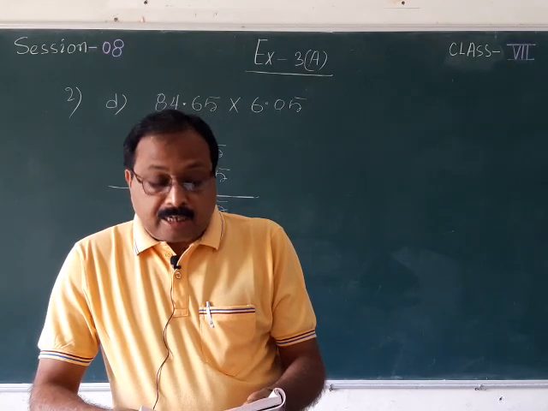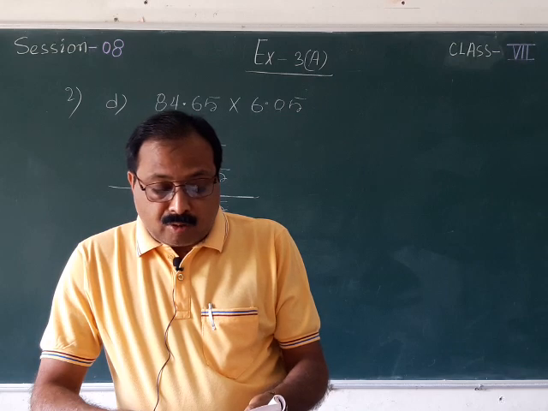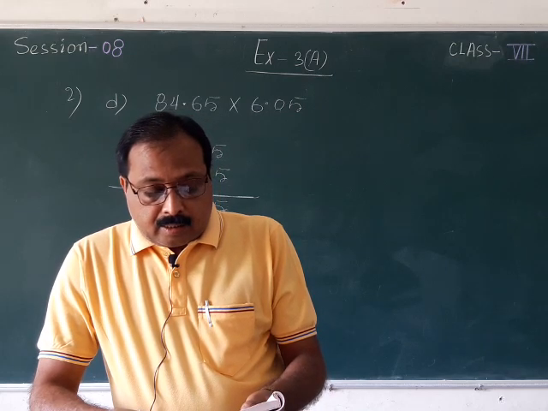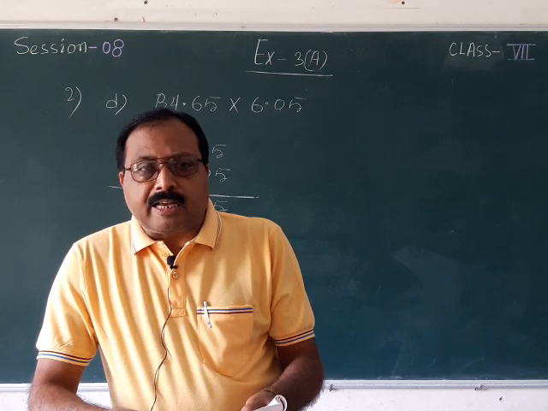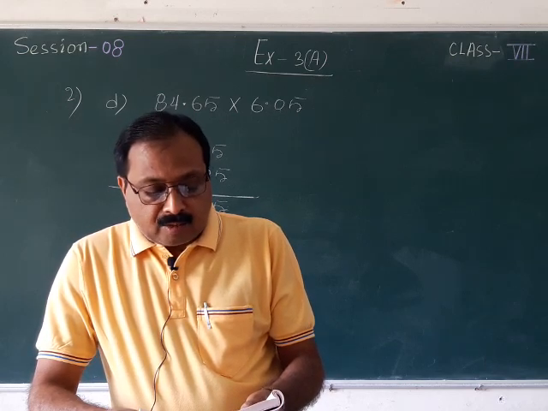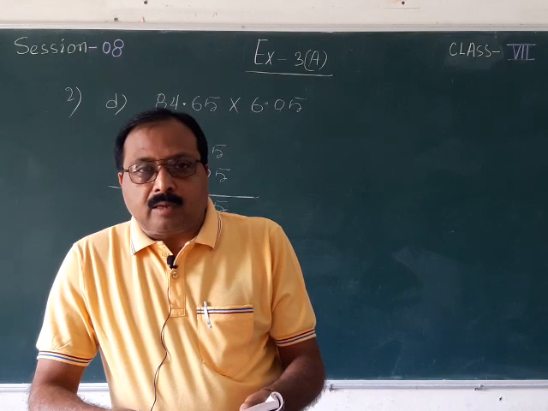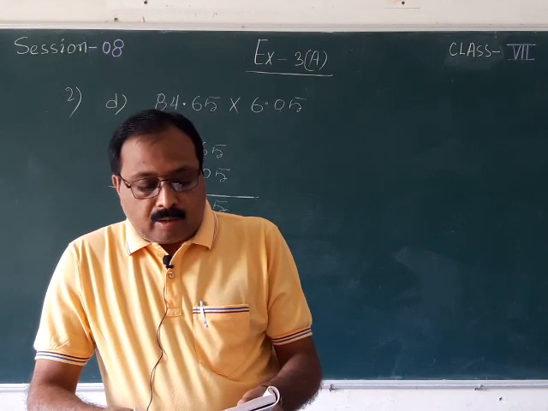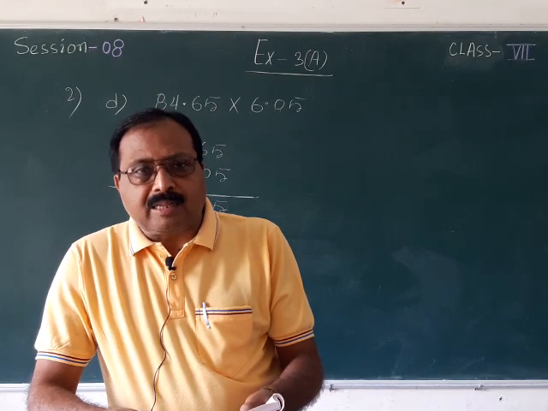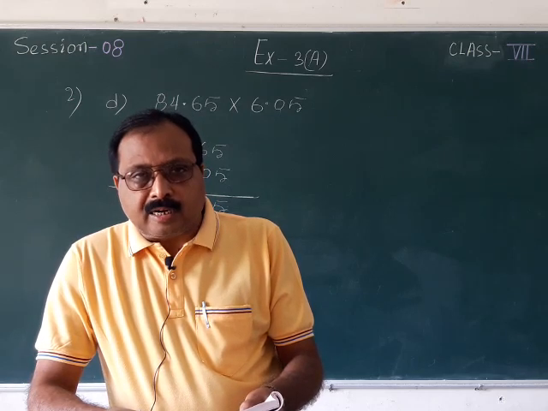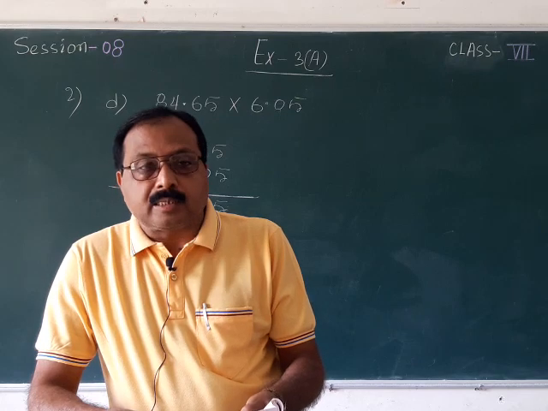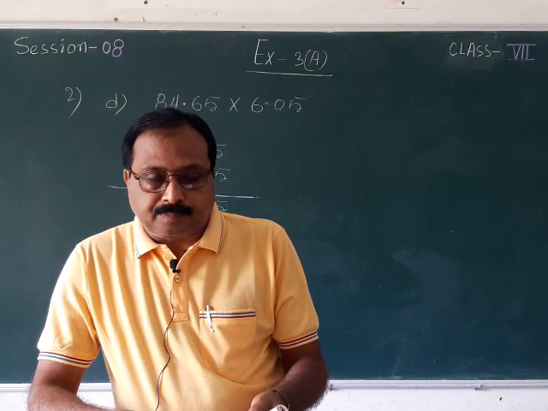Now if you are multiplying it by 100, the answer will be 635.2, and if you are multiplying it by 1000, then the answer will be 6352. After the digits, putting a decimal is meaningless. This was question number A.